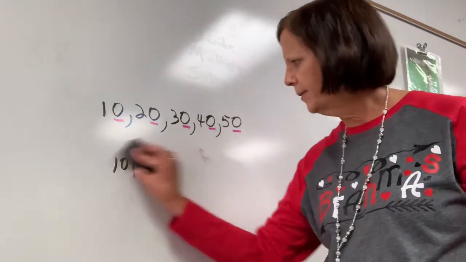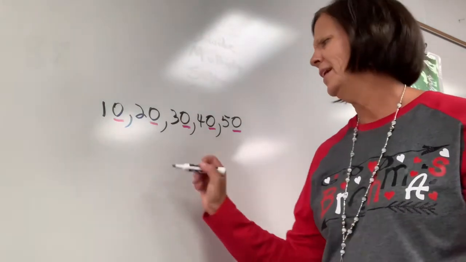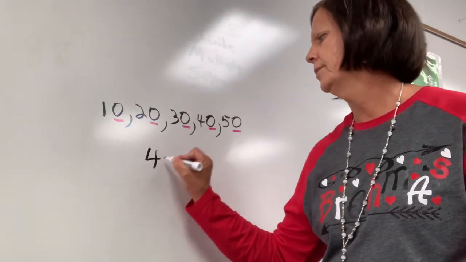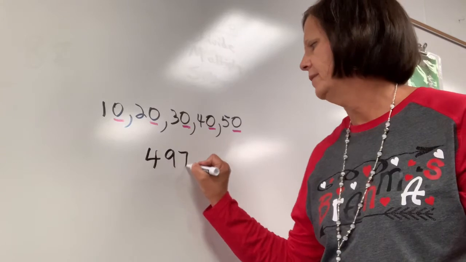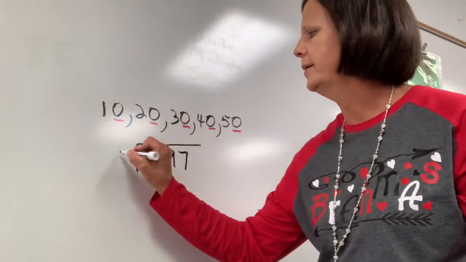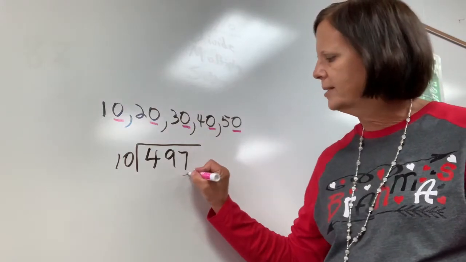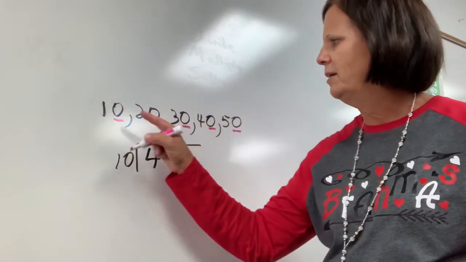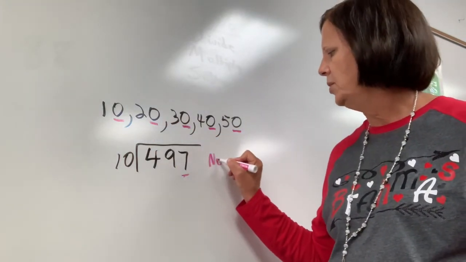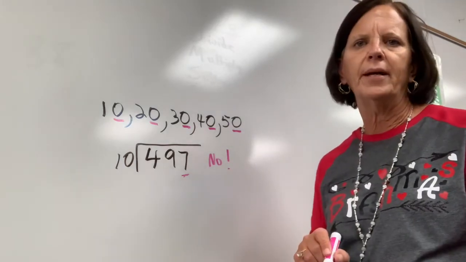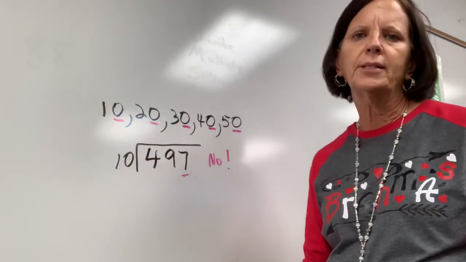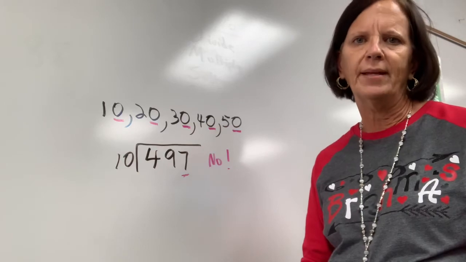Let's try another one. What if I gave you 497? And I wanted to know, is that divisible by 10? You just look in the one spot. There's not a 0 there, so you're gonna tell me no, it is not divisible by 10, and that really just means, oh, I would have a remainder.